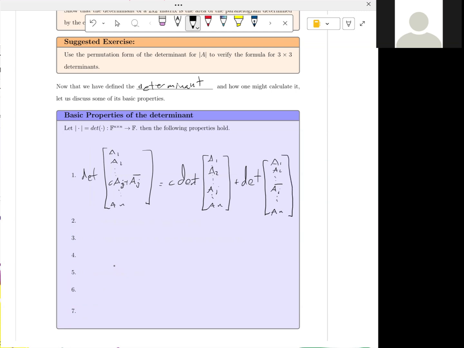We are multilinear in that term, or n-linear. Another property is that the determinant of A equals 0 when two rows are the same. This is alternating.